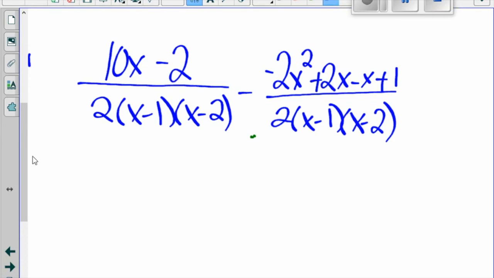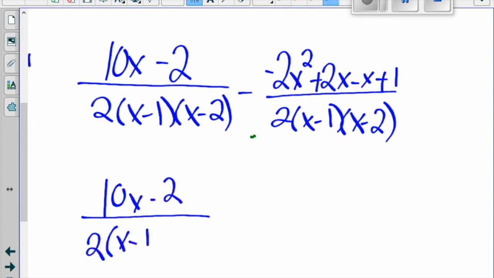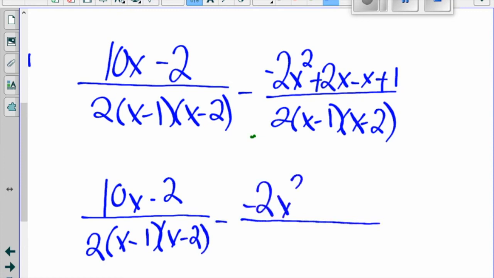Any questions on how we got to this point here? Or any questions on any of this here so far? We good with this here? Okay. Well, now we can combine some like terms. Over here, because 2x minus x will just give us plus x.